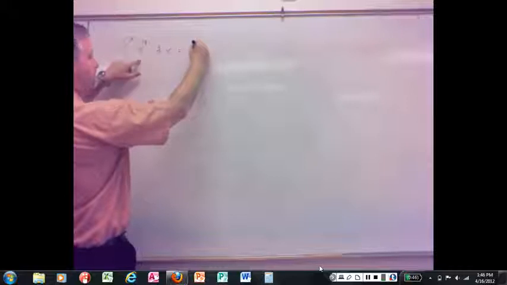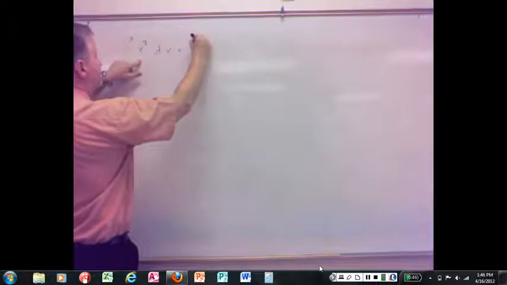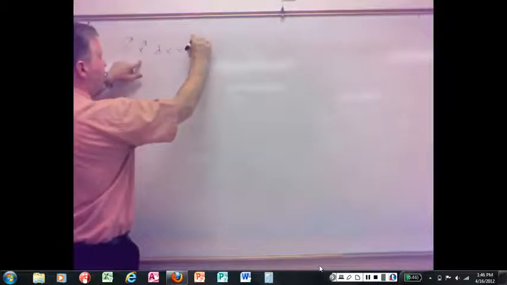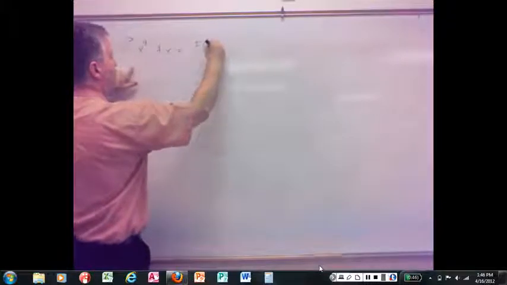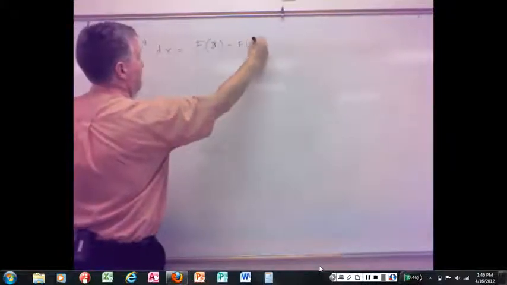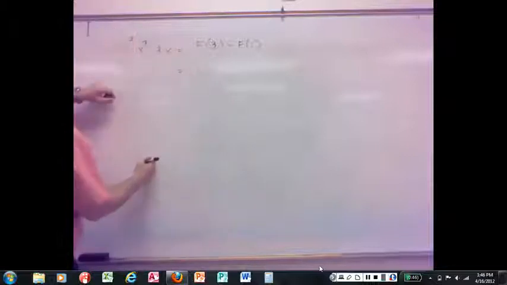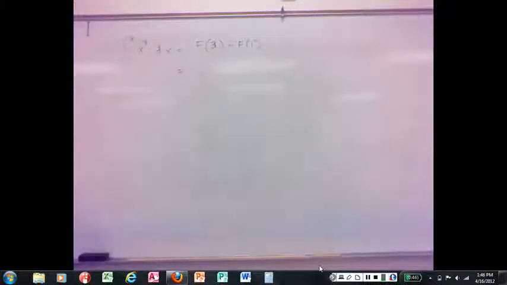Now all we have to do is this: the antiderivative, right? I know that, so it'd be the antiderivative evaluated at 3 minus the antiderivative evaluated at 1. Let's do it this way first.